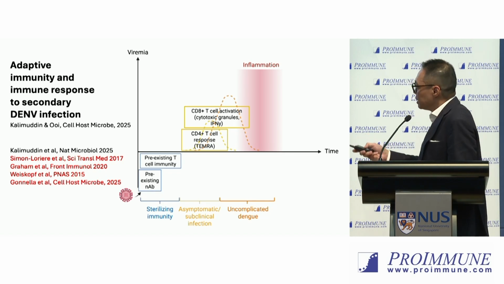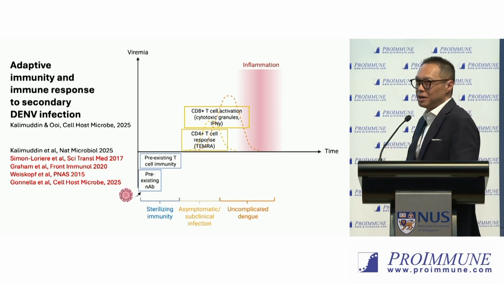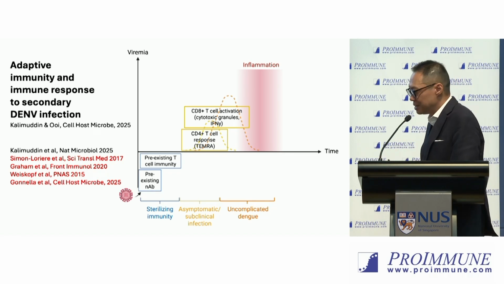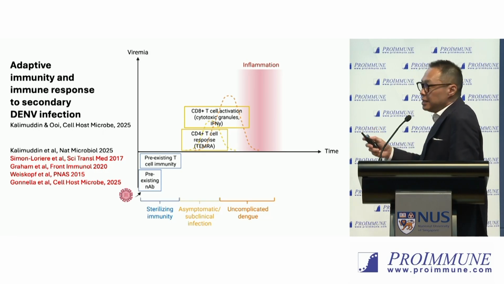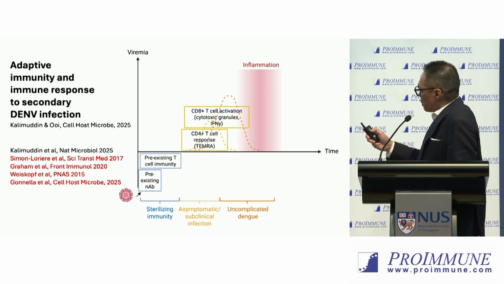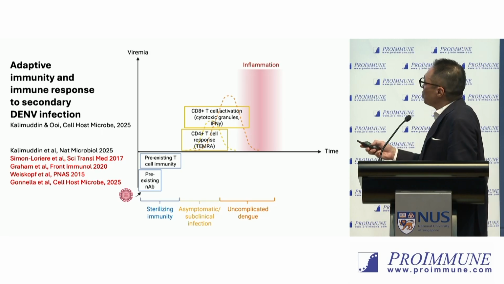We know neutralizing antibody wanes, and I believe Tao Dong yesterday also showed CD8 T cells wane with time, at least in the peripheral blood. So what happens when you do get breakthrough infection?